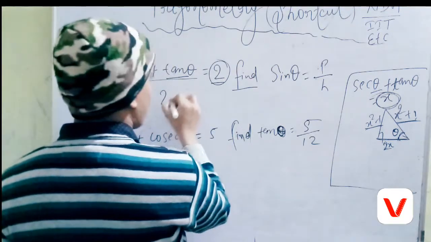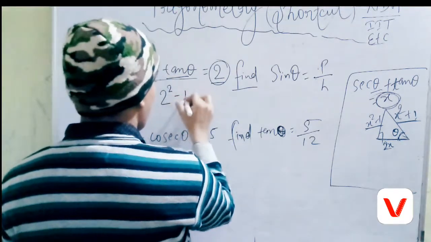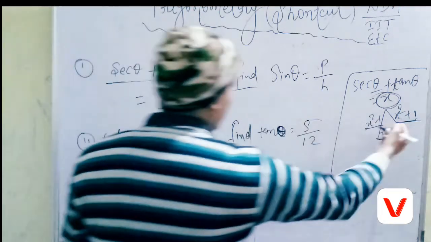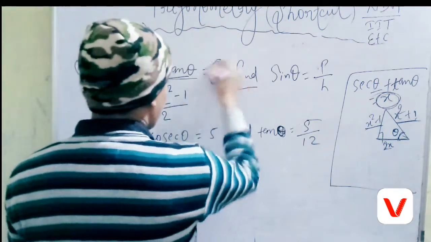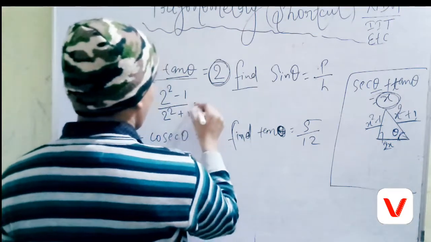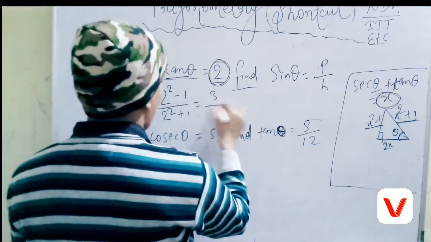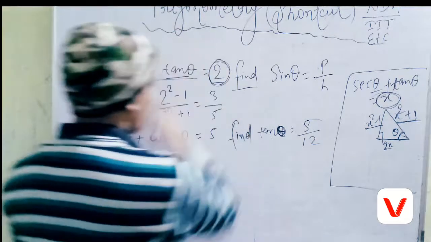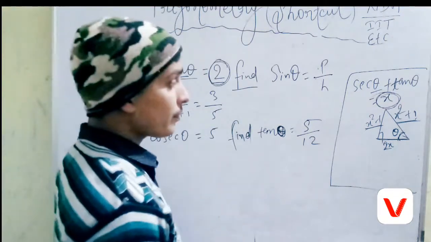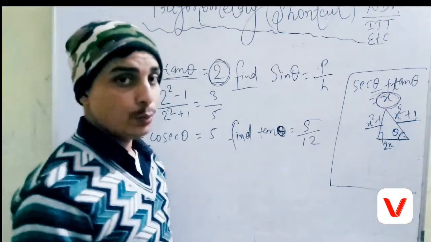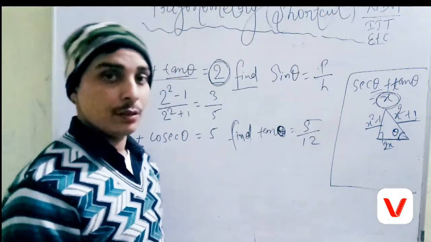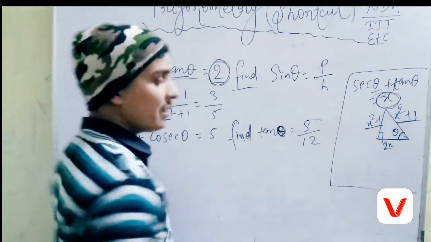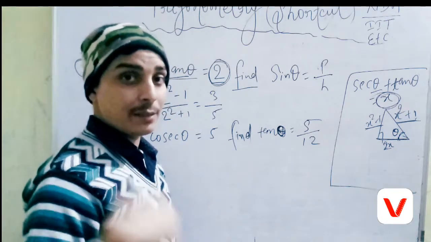So we write 2 square minus 1, divided by the hypotenuse, x square plus 1, which is 2 square plus 1. Then 4 minus 1 is 3 and 4 plus 1 is 5. So if you know this trick, you can solve this question within 3 seconds like me.